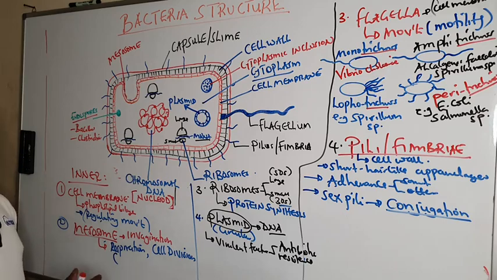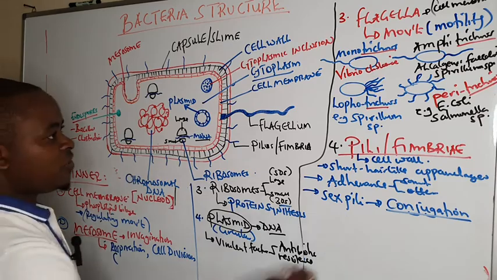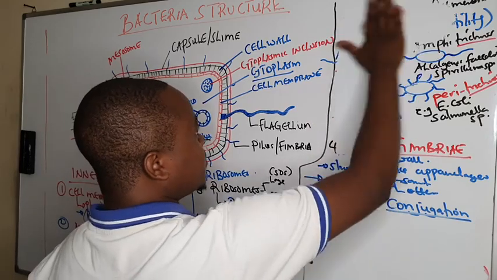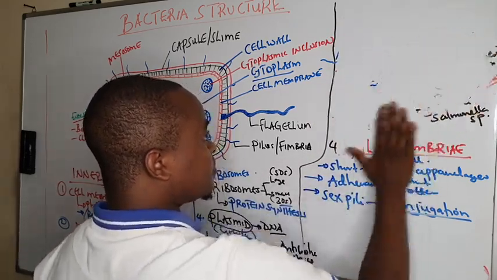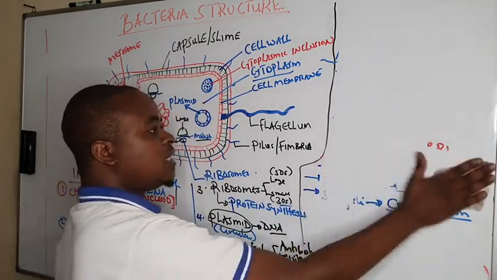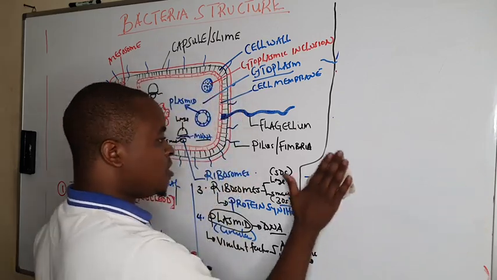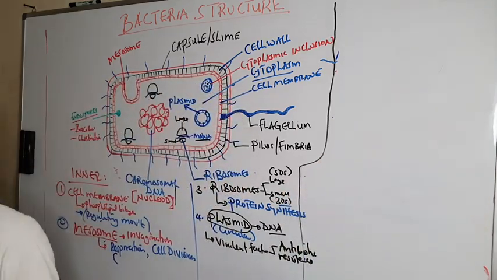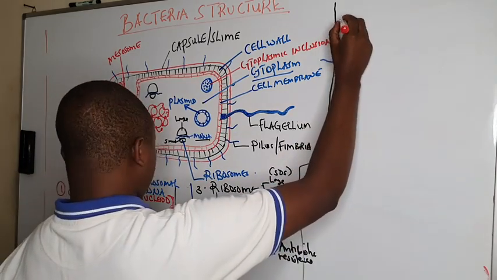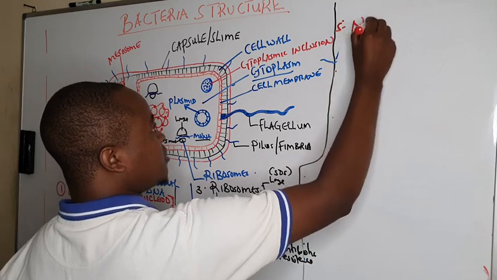Then we can also talk about the DNA, the nucleoid or the chromosomal DNA. We said the chromosomal DNA is located in the region known as the nucleoid. So number 5 is the nucleoid.